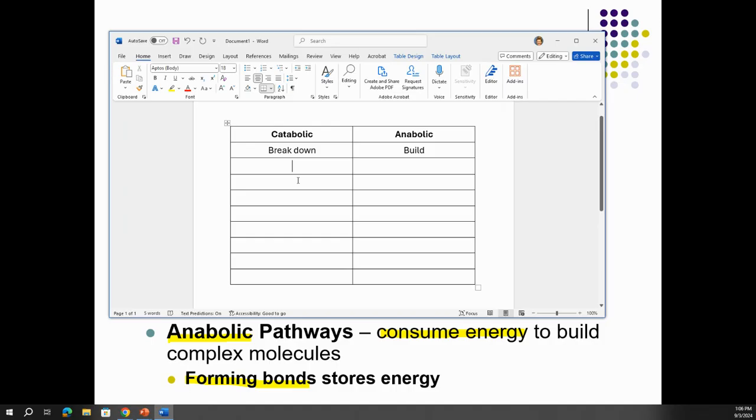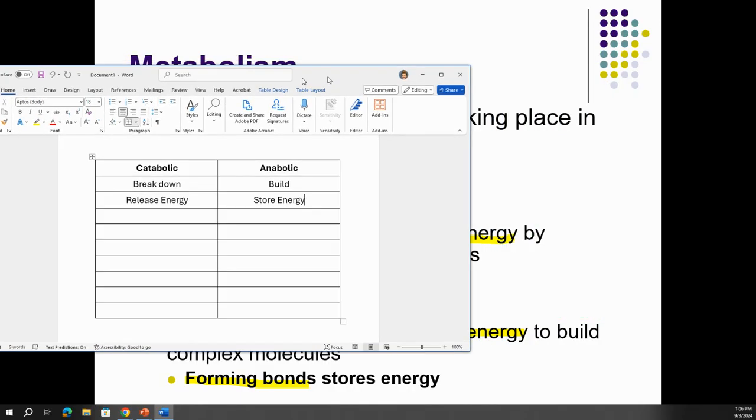All right, the other thing I want you to add here is that when catabolic reactions break down molecules, they are going to release energy, and anabolic pathways are going to store energy or use energy. All right, then we're going to come back to that as we go throughout the lesson. So just kind of keep that table handy, and we'll continue with our pairs here in a little bit.